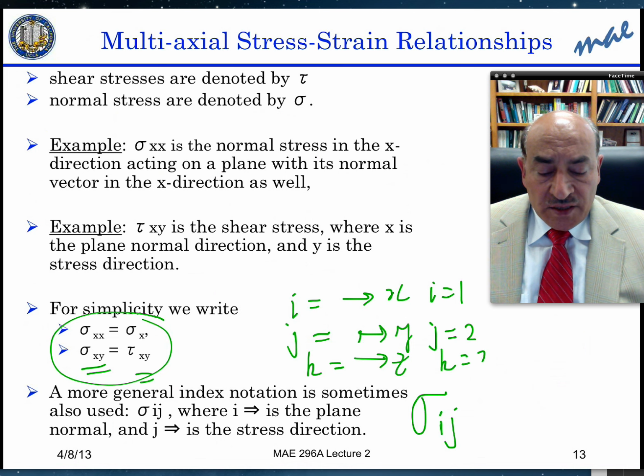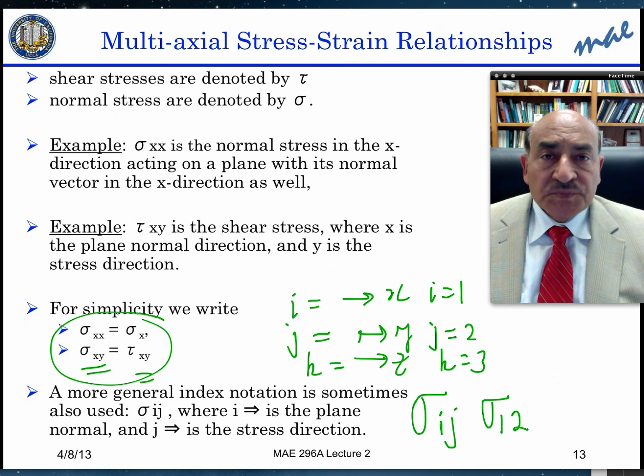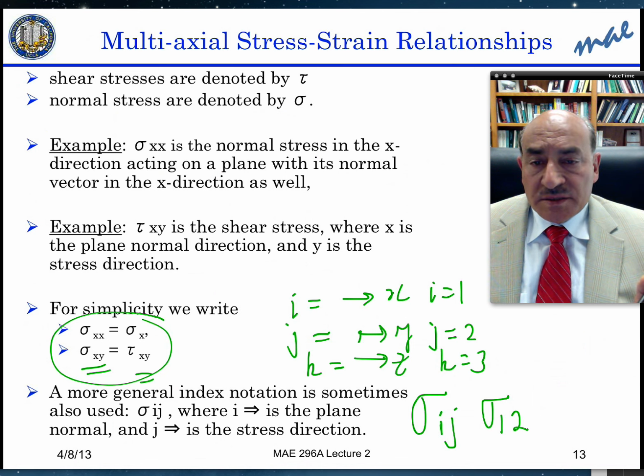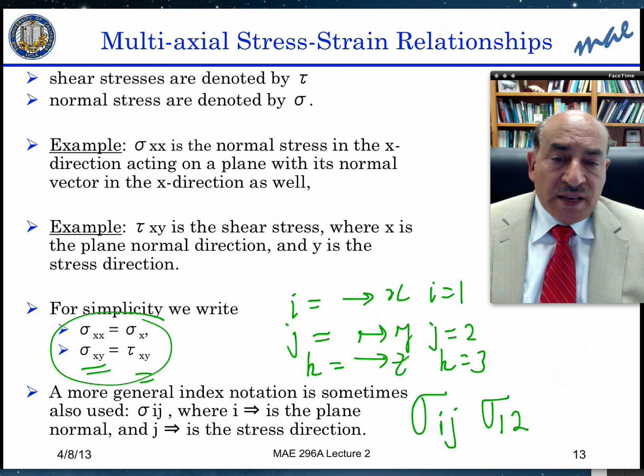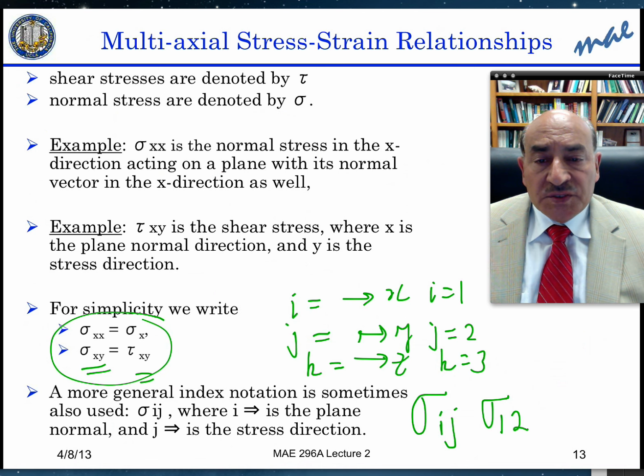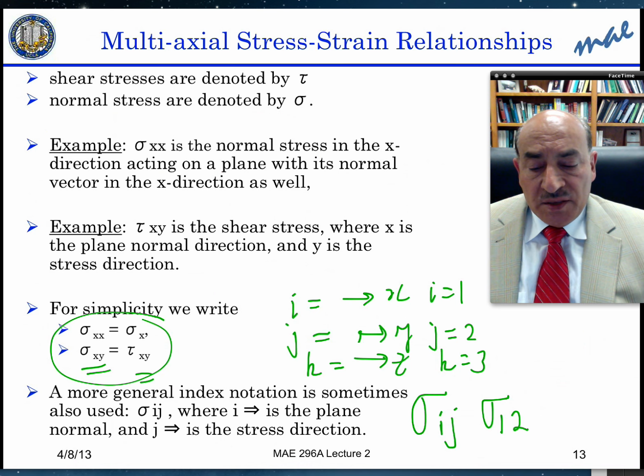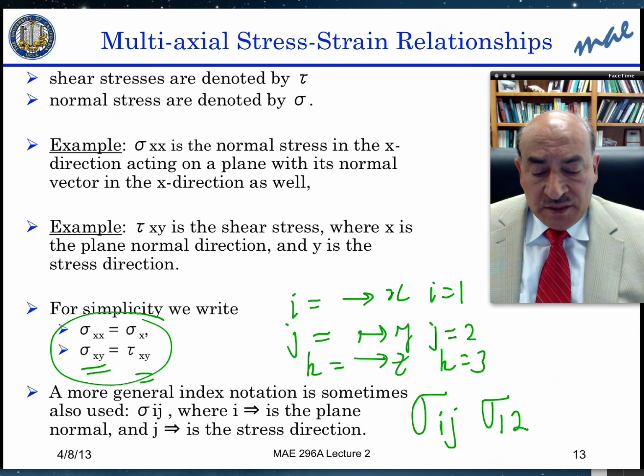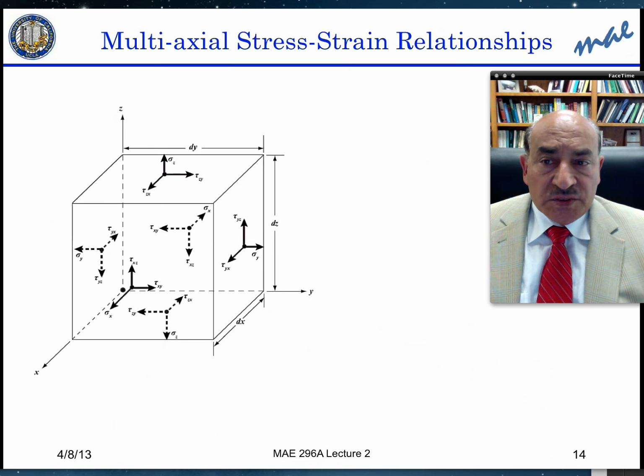And k is in the z direction, so k equals 3. So for example, if I say sigma 1, 2, I mean sigma xy, because when i is equal to 1 it means the x direction, and when j is equal to 2 it means the y direction, and so forth. All of that are symbols that we are used to.